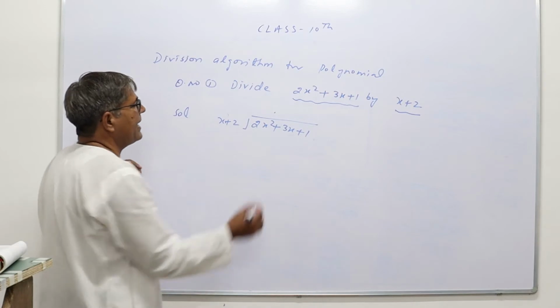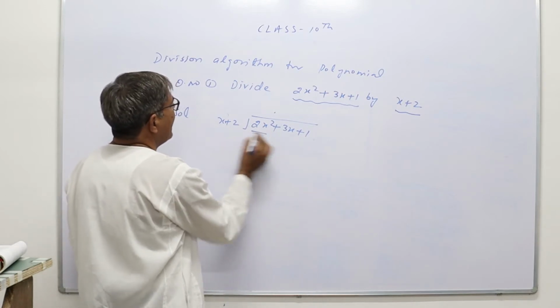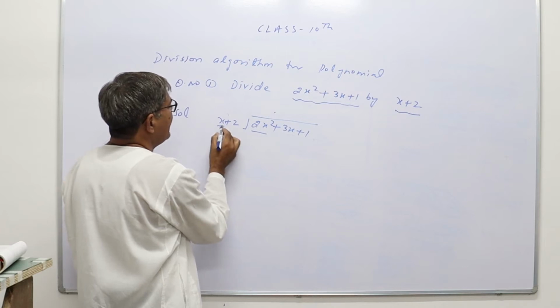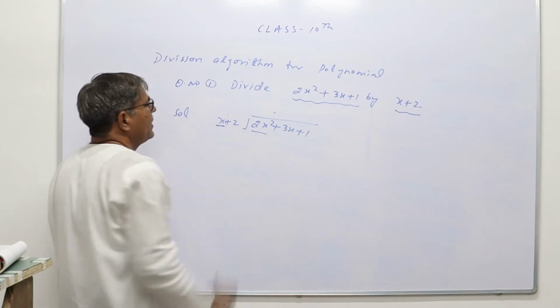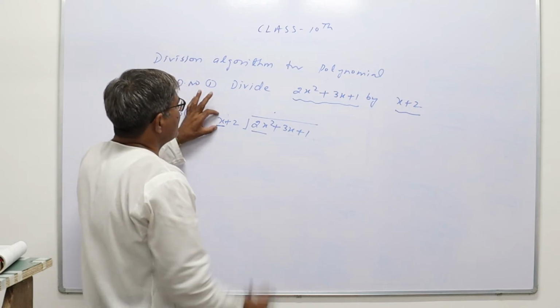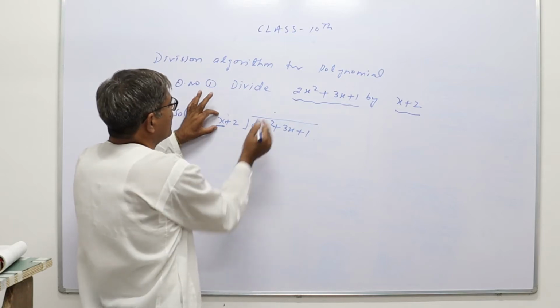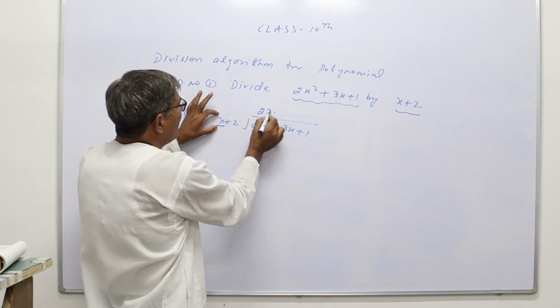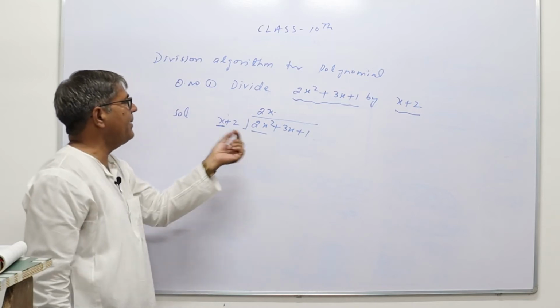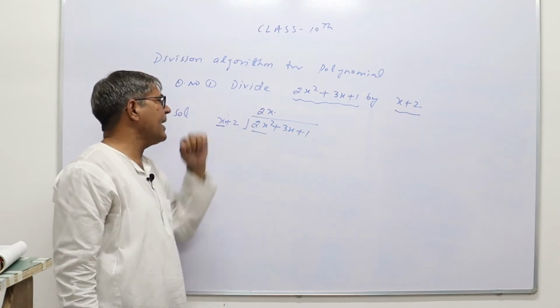Here the highest degree term of the dividend is 2x square and the divisor's is x. By what should we multiply x so that the product is 2x square? Here we will write 2x. If we multiply x by 2x, it will be 2x square.